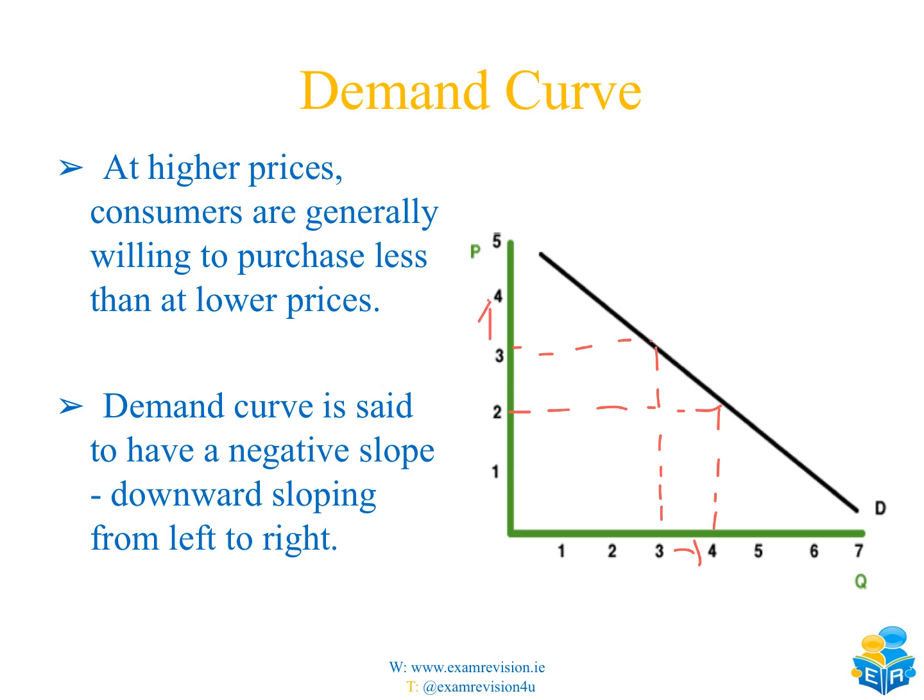If we increase the price to 4, we can see that now only 1 person is willing to buy the good. Again, a drop there. So the demand curve is said to be downward sloping. So it's said to have a negative slope. So we can see that it is downward sloping from left to right.